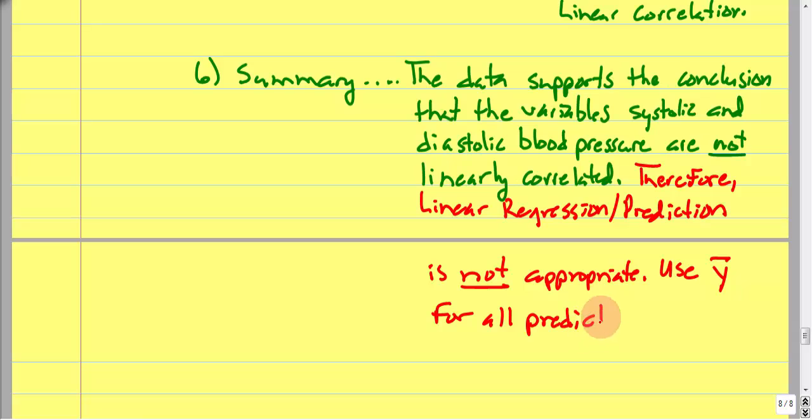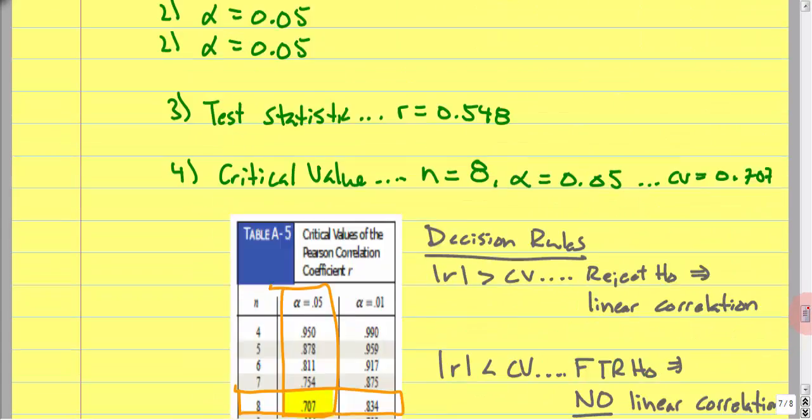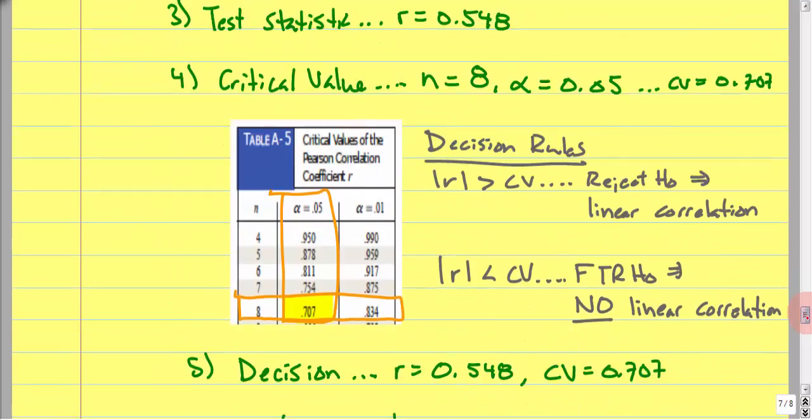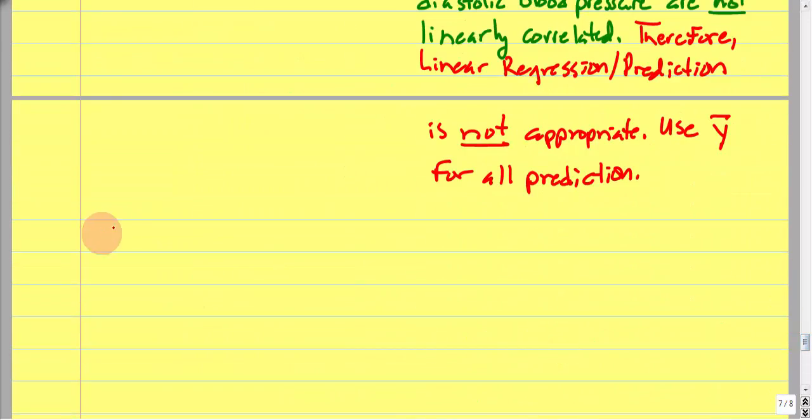No matter what x is, I respond with y bar because that's my best guess. Okay, so let's go ahead and look back up at my steps here. So check to see if there's a linear correlation between systolic and diastolic blood pressure. We decided there wasn't. So our steps change. So step 2, we use y bar for all prediction.